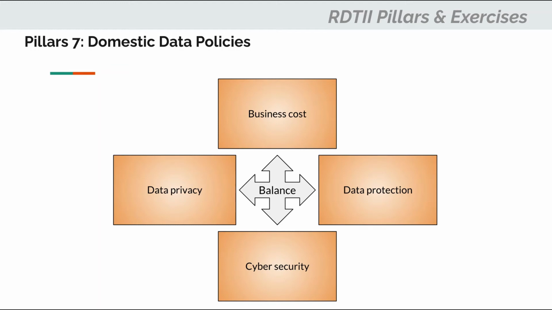Along with data privacy and data protection, cybersecurity has a significant impact on digital trust. The data policies in this pillar are considered trade distortive not necessarily because, as in Pillar 6, these measures leave out any one of the four policy parameters, but rather because the measures are not balanced among these policy objectives.